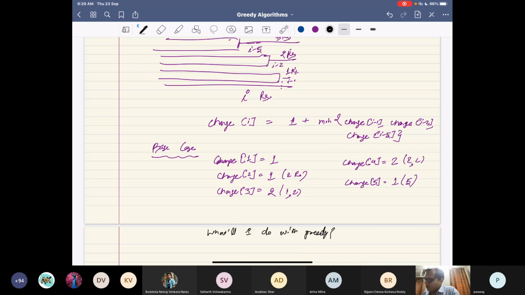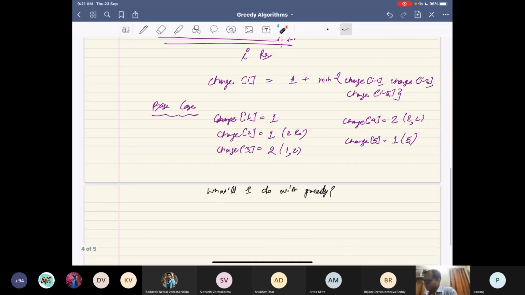Instead of actually computing these three things and finding the minimum, can I think of one property that will avoid doing this minimum? Give the maximum number of 5s and then see what is remaining.